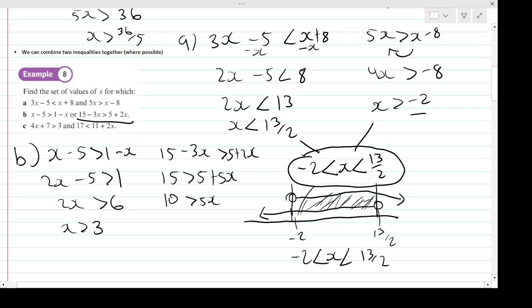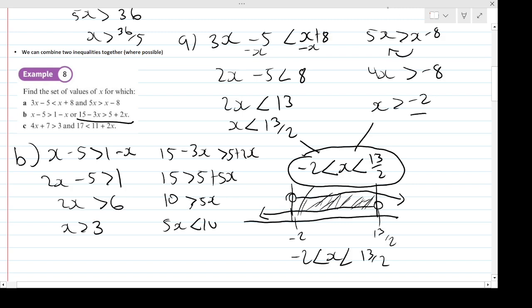What I'm going to do here is, at this point, that's saying 10 has to be greater than 5x, which also means 5x has to be less than 10. To help you visualize the inequality, I always like my variables, my x's, to be on the left side, but not on the right side of the inequality like this. What you can do is you can flip it the other way around. So 5x is less than 10 is exactly the same.